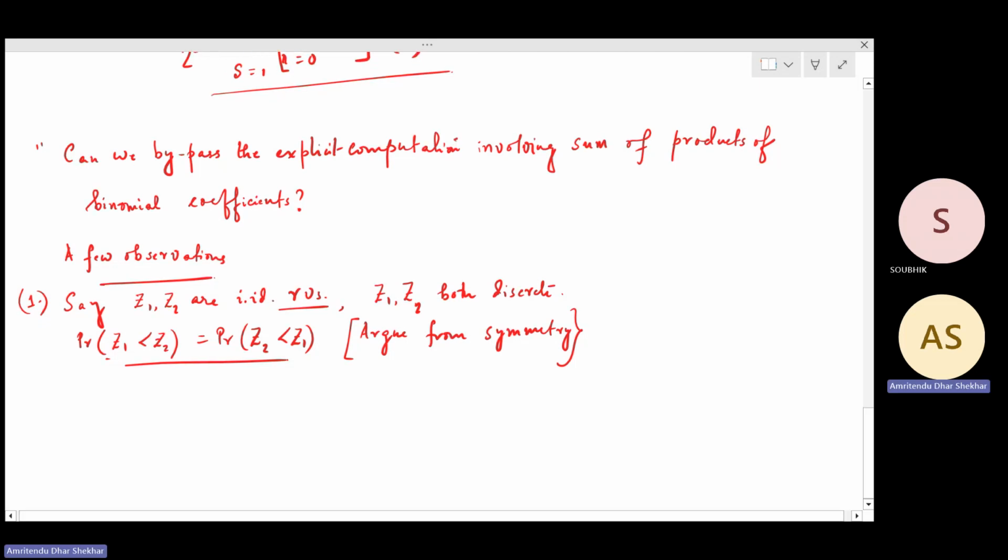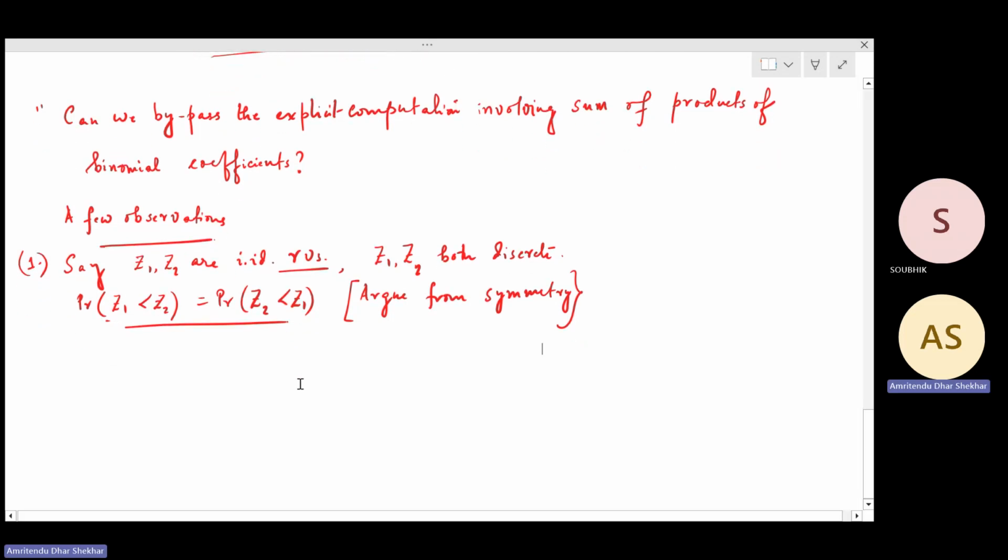We can also explicitly argue this. If you're not convinced by this symmetry argument, we can explicitly do this. Let's say they're discrete random variables. Then the probability of Z1 being smaller than Z2 equals the sum over all those pairs r, s with r smaller than s of probability of Z1 equals r times probability of Z2 equals s.